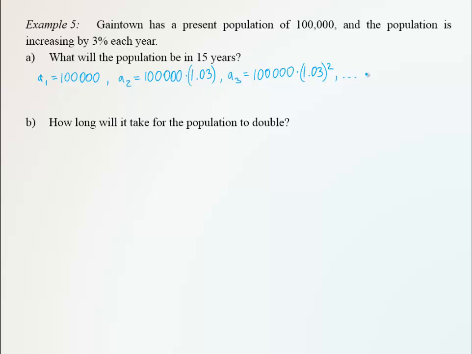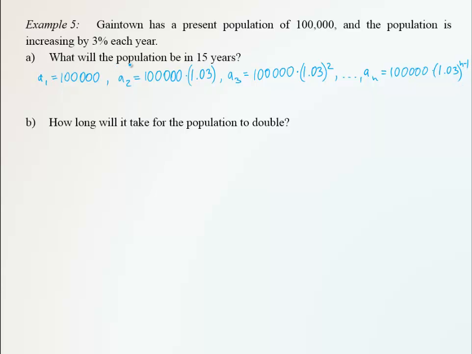So generally, An would be 100,000 times 1.03 to the exponent, and observe the relation between the exponent and the index of the term. It has to be 1 lower, so it's to the n minus 1.